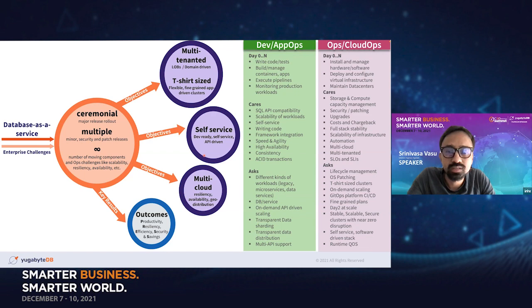So these are all the asks that we essentially look at from a database product, right? It's not just about creating the product or providing all those capabilities, but make sure that we address all the key asks of different personas in the organization, right?